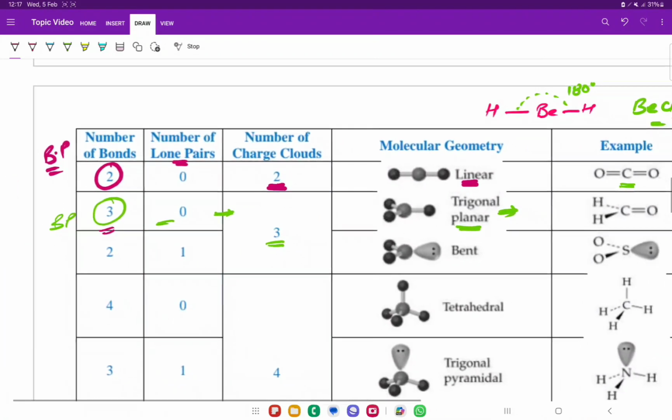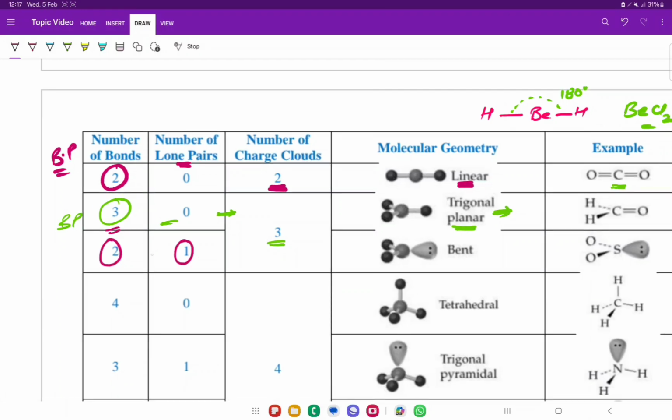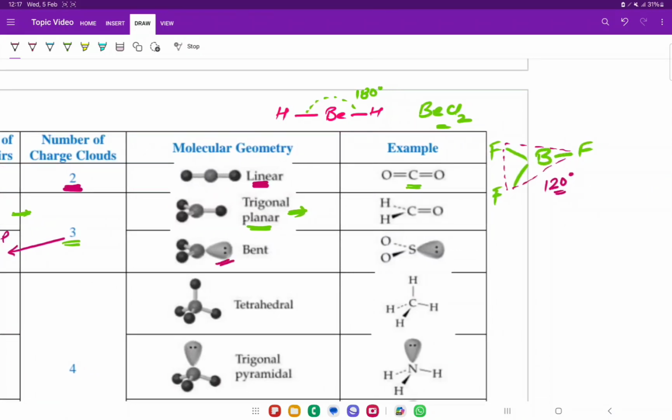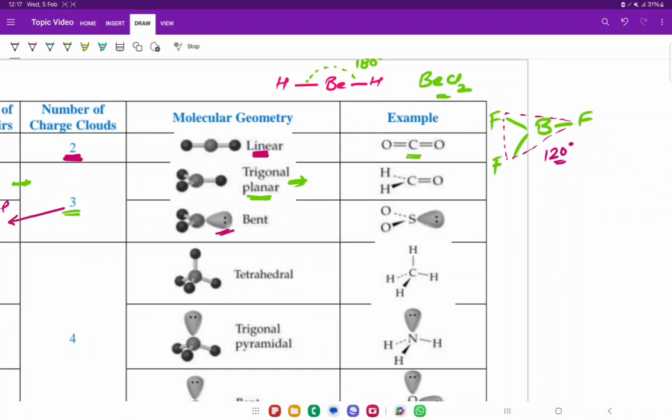Now if instead of all bond pairs, the molecule has two bond pairs and one lone pair, out of the three electron clouds, two are bond pairs and one is a lone pair. Due to repulsion between these bond pairs and the lone pair, the shape and geometry changes to bent shape. From trigonal planar regular geometry, the shape changes to bent shape.